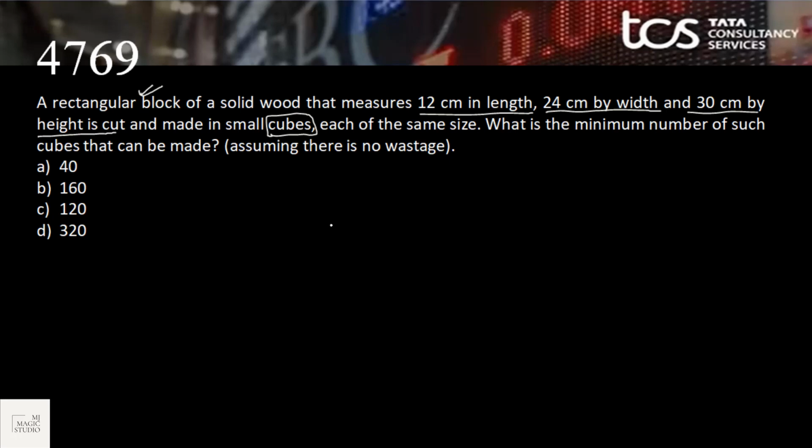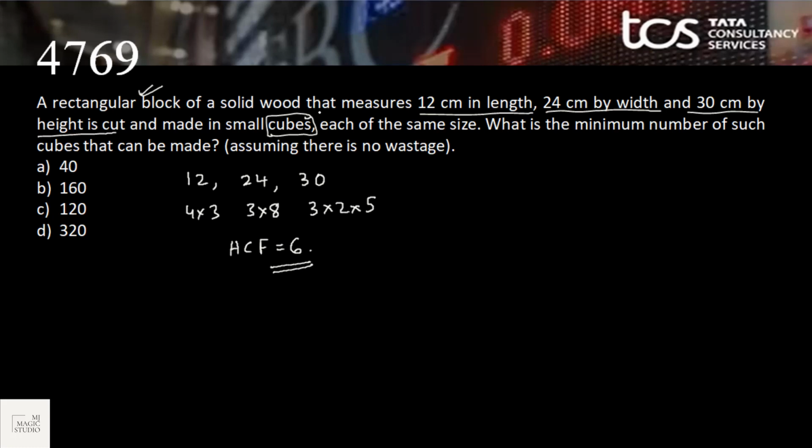To find the minimum number of such cubes that can be made, first we need to find the HCF of 12, 24 and 30. So this is 4 into 3, this is 3 into 8, and this is 3 into 2 into 5. That means HCF is 6.